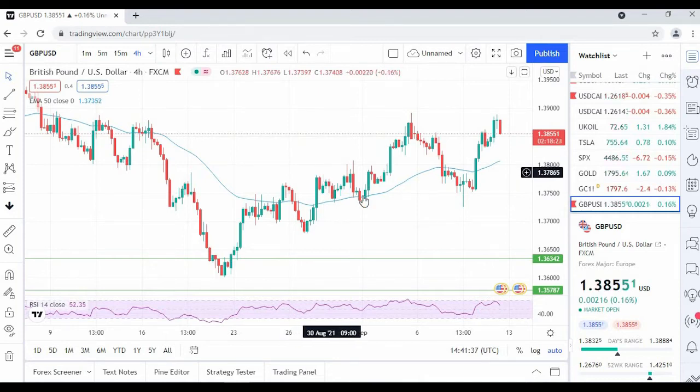Then the market moved down again, lower than the previous low, which is considered a lower low. Then the market moved up again, higher than the last 3 highs, which is another higher high. Then the market moved down again, lower than the previous low, which is also regarded as a higher low. So that is an uptrend.